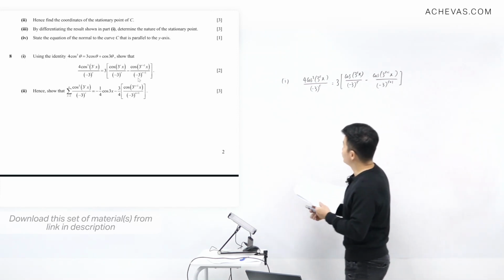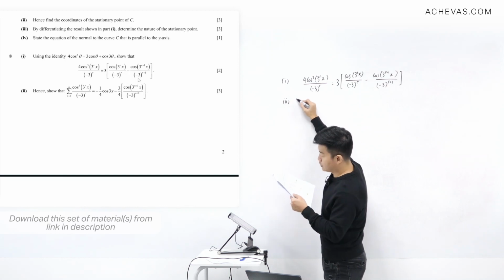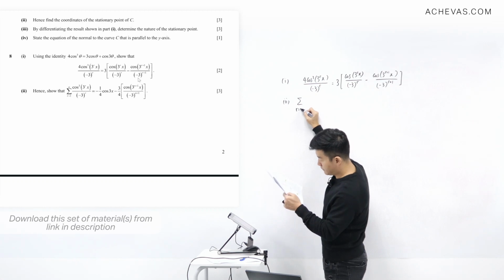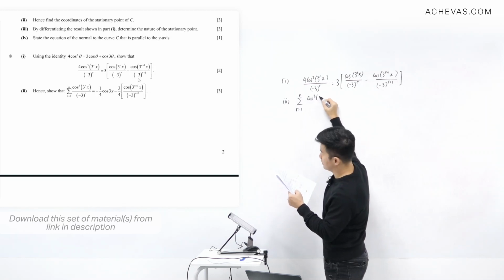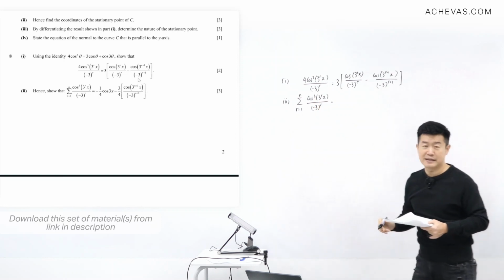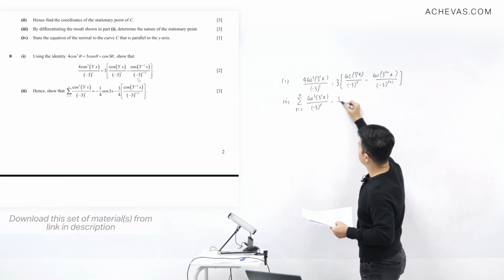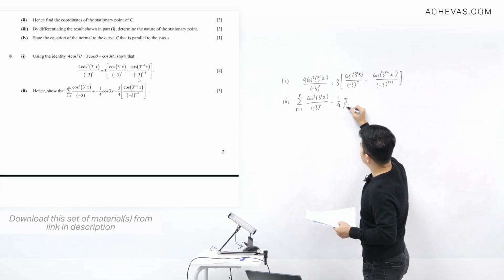So part 2, we're going to try to evaluate or show this, r starting from 1 all the way until n of cosine cube 3 to the power of rx divided by negative 3 to the power of r. So it looks like this, but it is lacking a 4. I'm going to try to generate a 4 by dividing a 4 outside so that I can have a 4 here. So we have a 4 cosine cube 3 to the power of rx divided by negative 3 to the power of r.